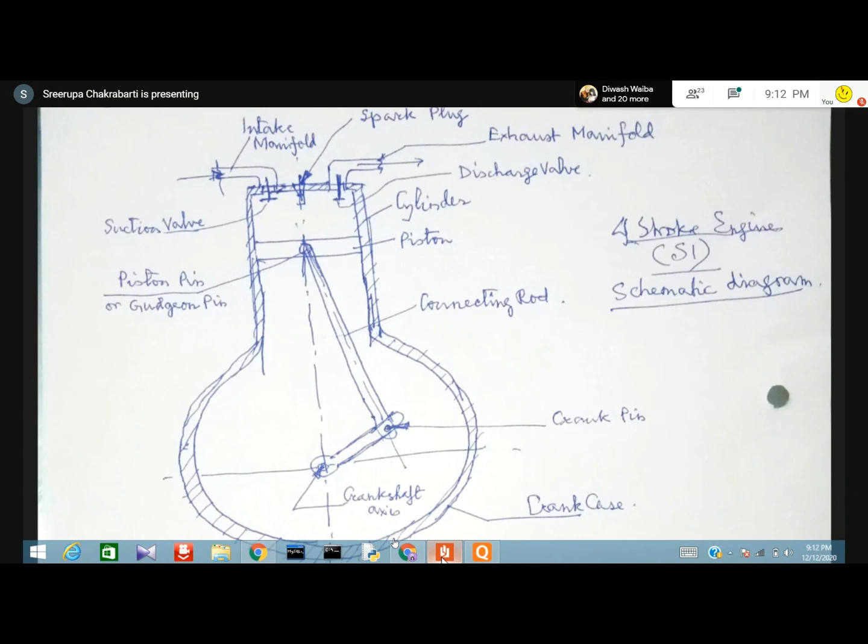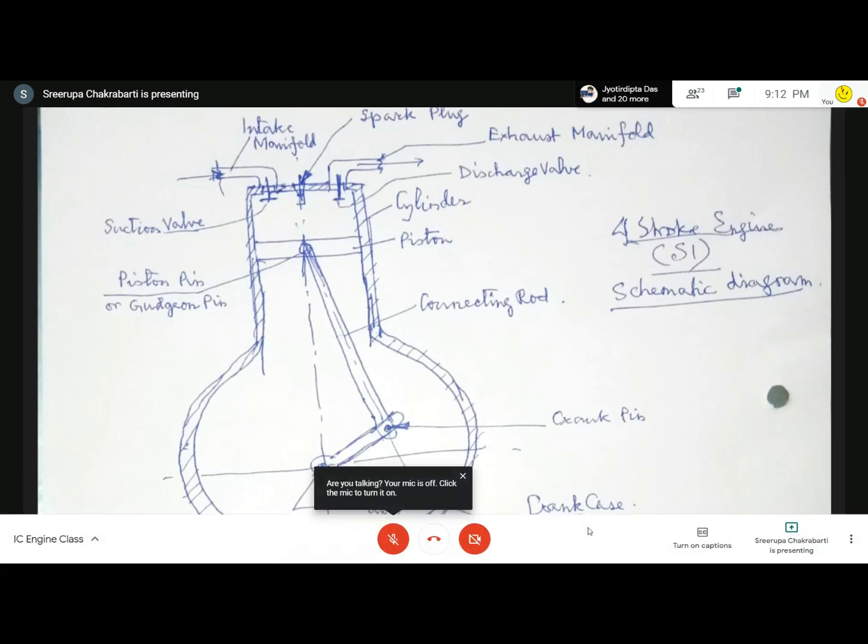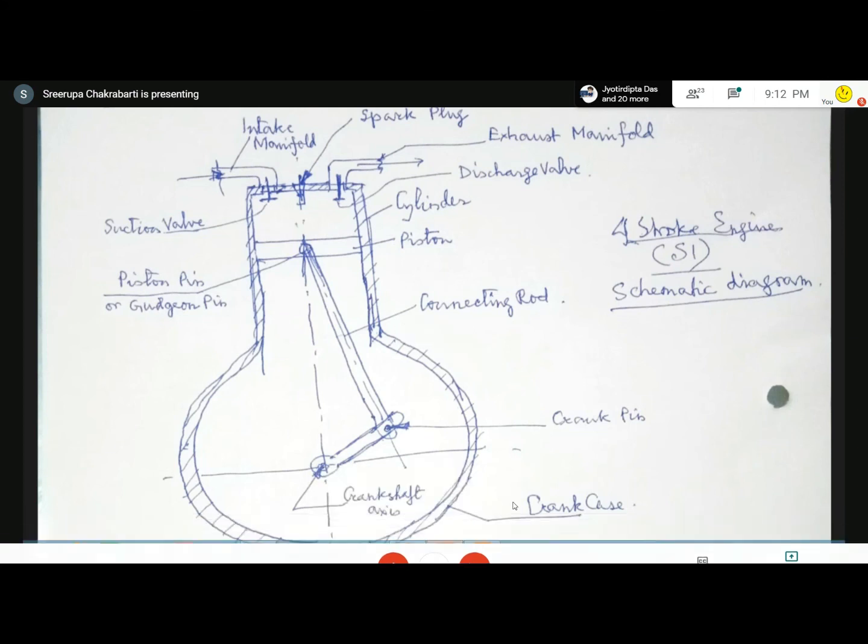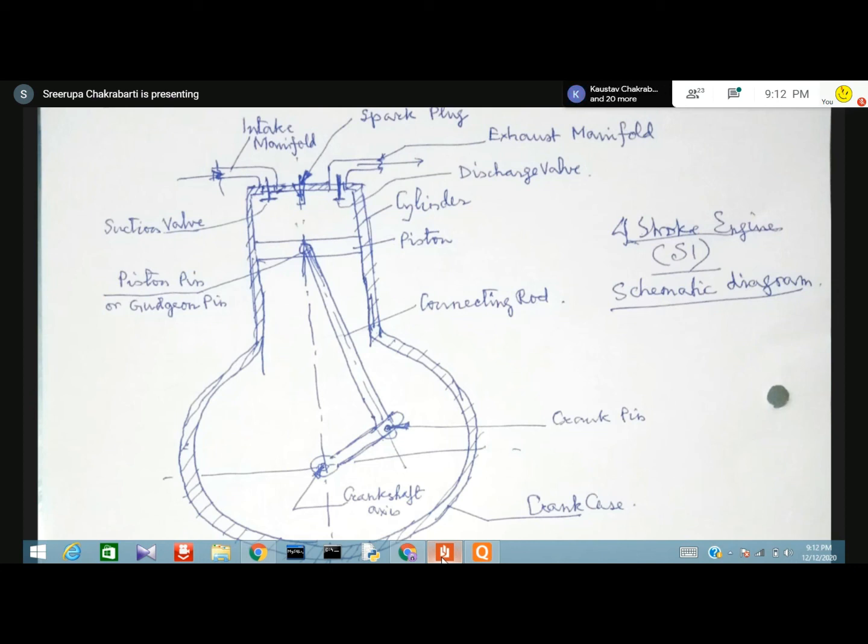Out of that, spark and combustion have to take, say, a few nanoseconds or microseconds.